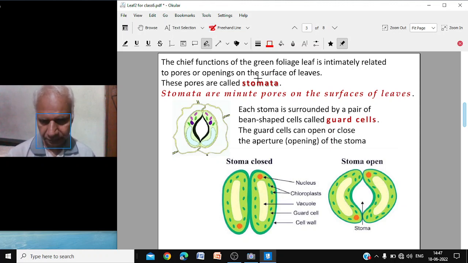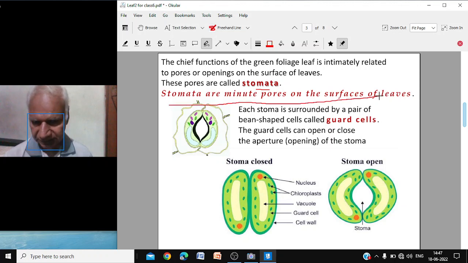So even we have pores, very, very minute pores. The pores are called stomata. So stomata are minute, very small pores on the leaf surfaces. And the singular of stomata is stoma.